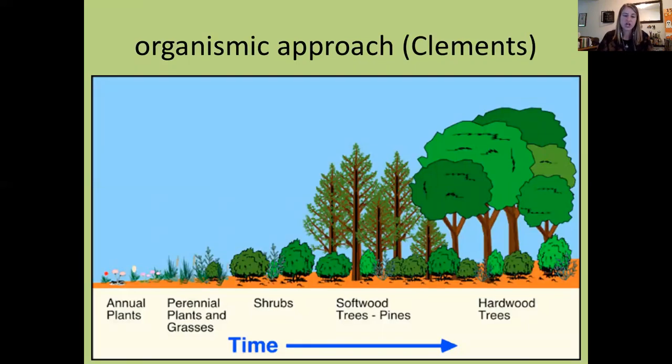So this is a picture of what an organismic approach might look like for Clements. You can see the different stages of plants, and at the end the hardwood trees, whereas in Virginia, for example, our climax community is an oak hickory forest, so that's when it would stop changing through time. Clements believed that the stages of vegetation in succession were set for the community type.